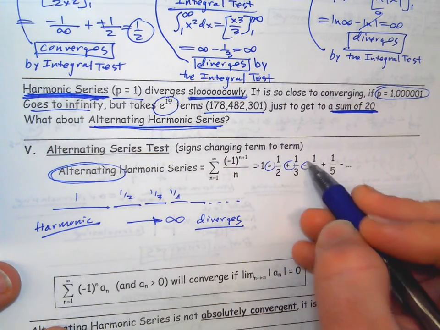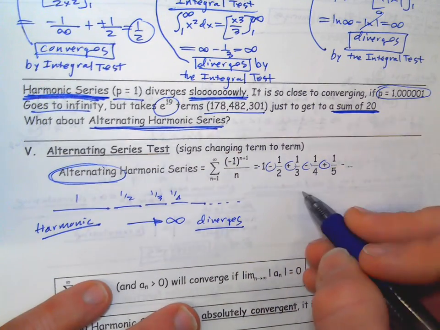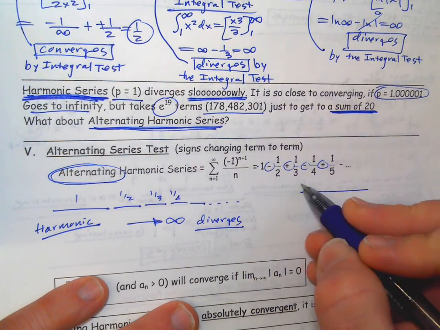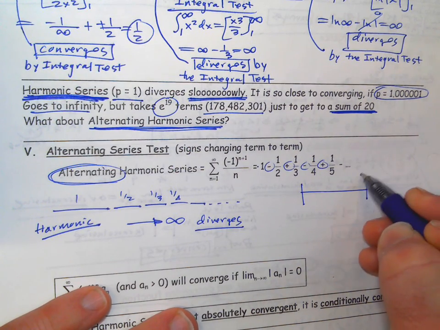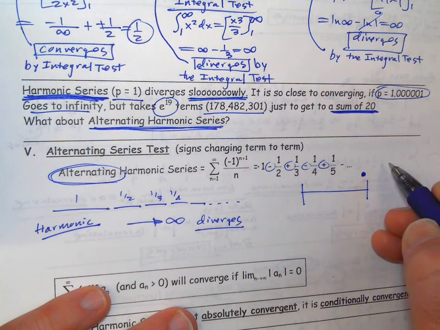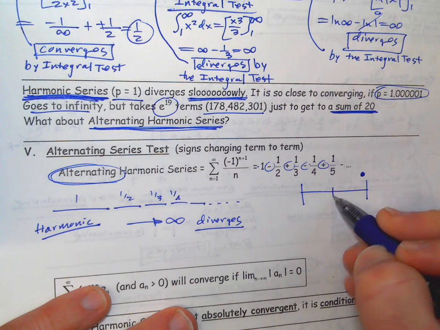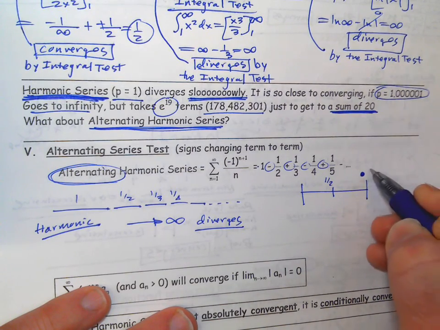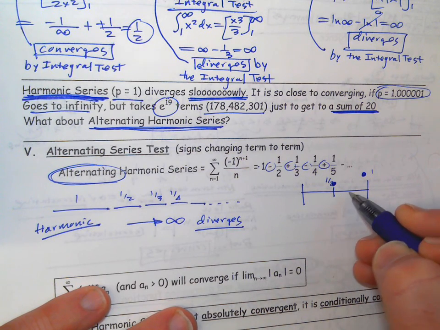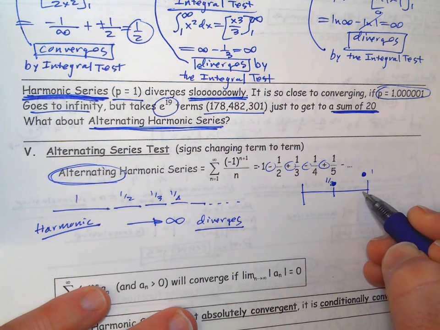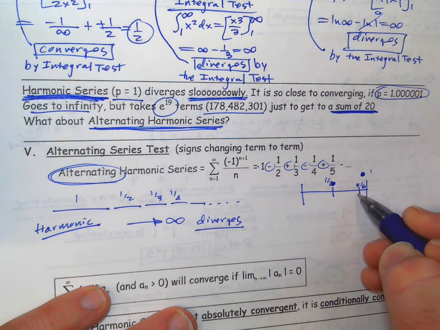It's changing signs, and what that looks like is, from 0 to 1, the first partial sum is here at 1. For the next partial sum, you subtract 1/2, and it goes to here. For the next partial sum, we add 1/3. What is that, 5/6? That'd be over here, 5/6. Then for the next term, you subtract 1/4.